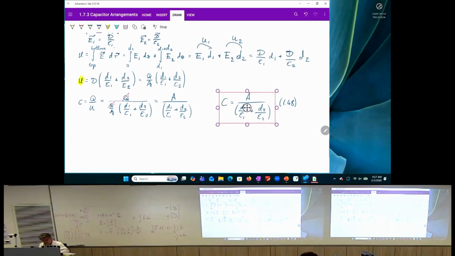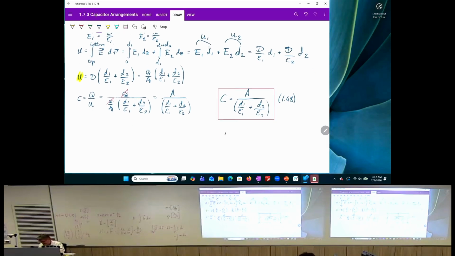And to highlight here, the D field in this configuration is continuous over the interface where we switch from material 1 to material 2. However, the E field is not.